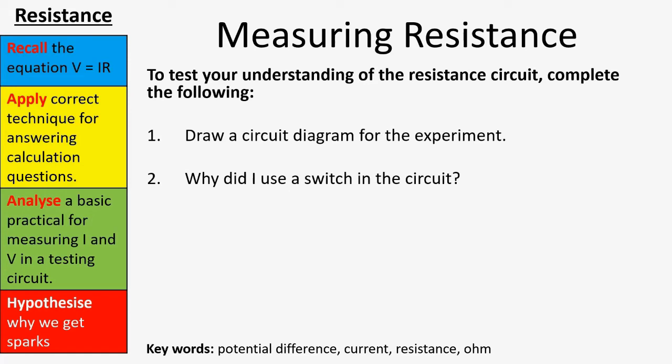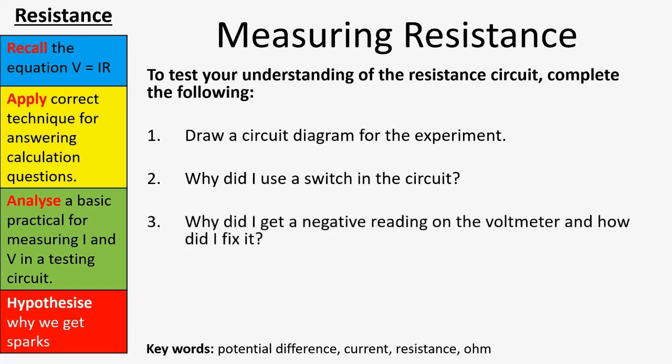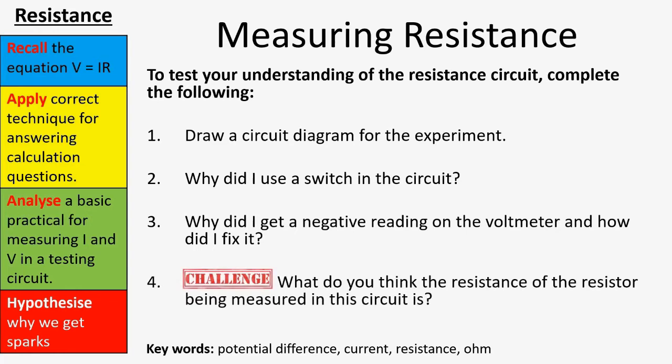Number 2, why did I use a switch in the circuit? Number 3, why did I get a negative reading on the voltmeter and how did I fix it? And your challenge question is to have a go at working out the resistance. What do you think the resistance of the resistor being measured in this circuit is? Watch the video. Afterwards, have a go at these questions.